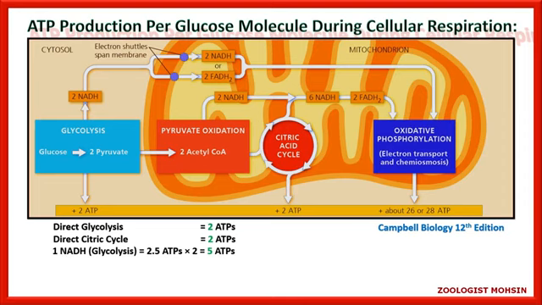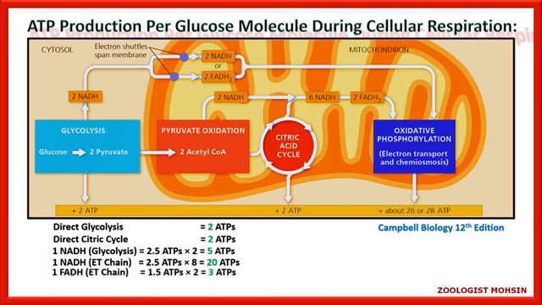So if one NADH of glycolysis produces 2.5 ATPs, then a total of 5 ATPs are produced because 2 NADH molecules are generated from glycolysis. Similarly, if one NADH molecule from the electron transport chain produces 2.5 ATPs and there are a total of 8 molecules, the total will be 20 ATPs.